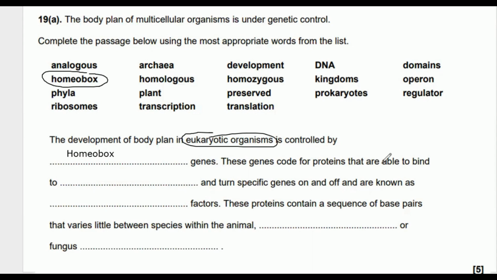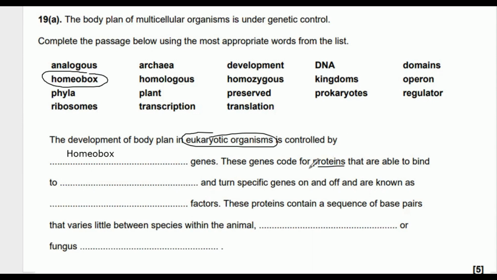These genes code for proteins that are able to bind to something and turn specific genes on and are known as something factors. So what is it that the proteins from the homeobox genes, what do they code for? What type of proteins? And what do those proteins bind to?